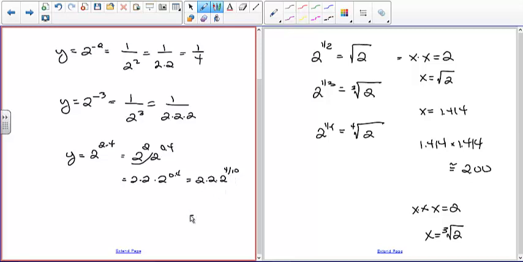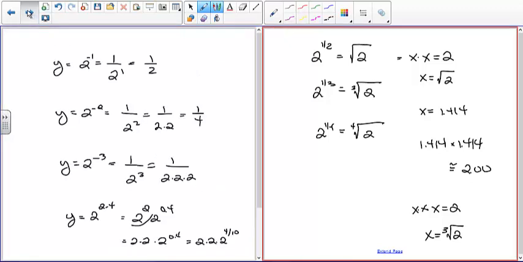Another way to think about this is it's going to be the 10th root of 2 to the 4th power. And 2 to the 4th power would be 2 times 2 times 2 times 2, which is 16. So it's the 10th root of 16. Anyway, let's think about that one for a minute.